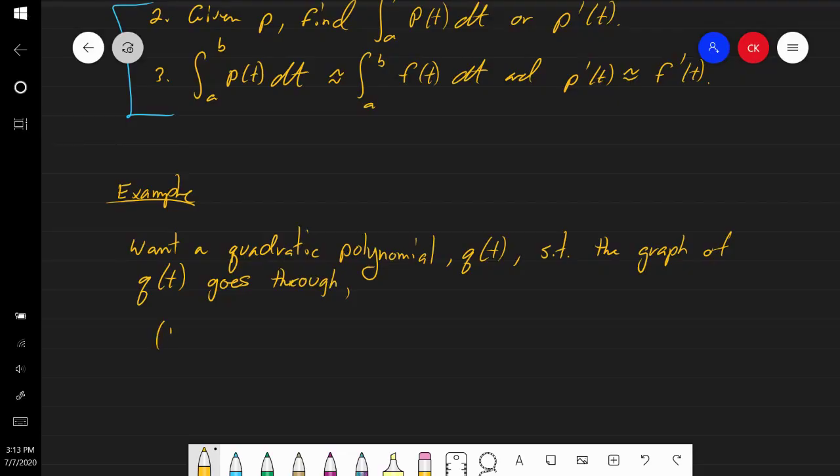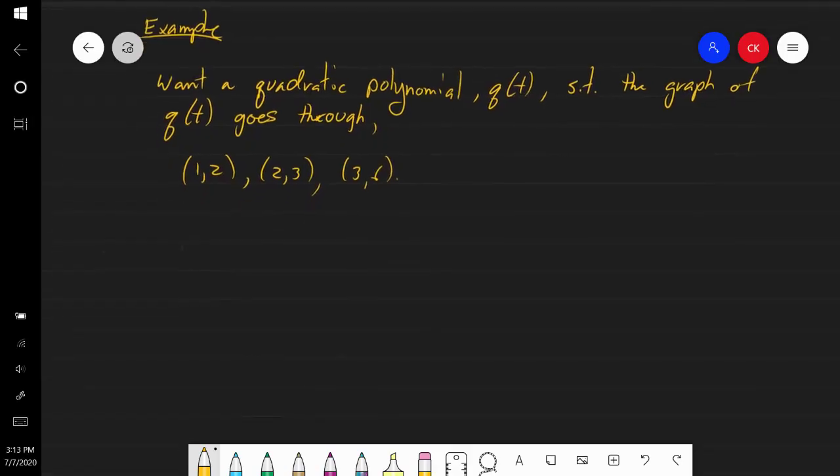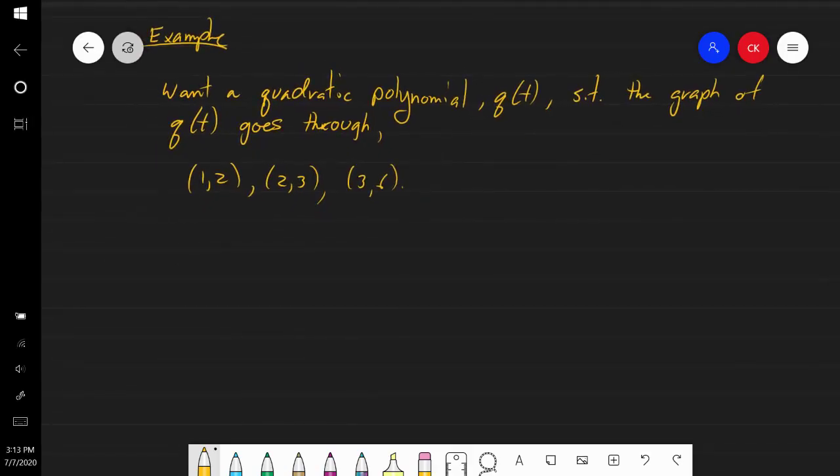And our 3 points are going to be (1, 2), (2, 3), and (3, 6). So these are just some data points that we have that we want our quadratic polynomial to pass through. So we want to fit a polynomial that passes through these particular points.